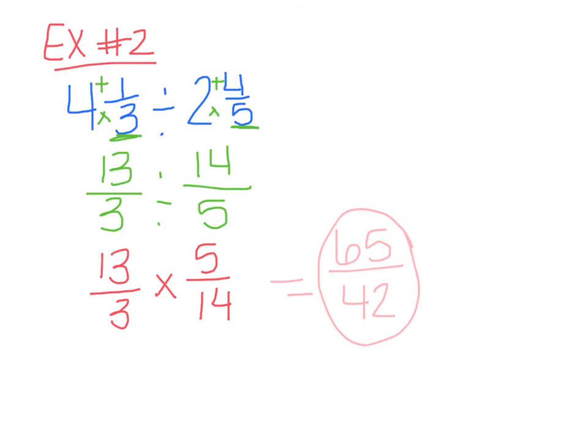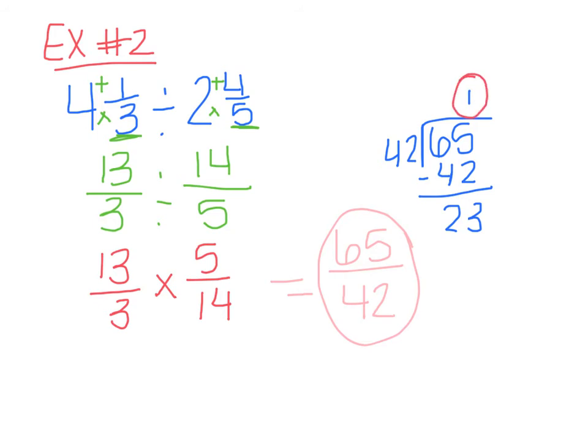So what I do is divide. 65 divided by 42. It goes in 1 time, and I get 23 left over. So my mixed number is 1 and 23 over 42.